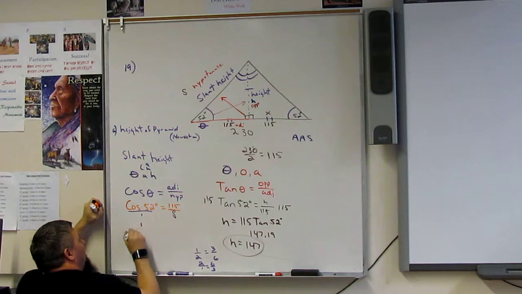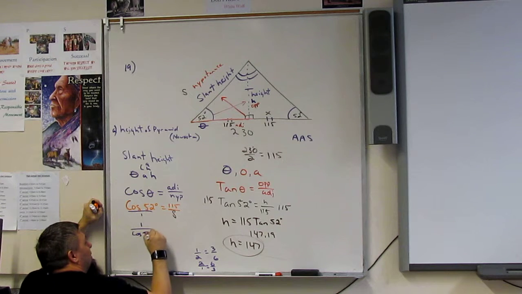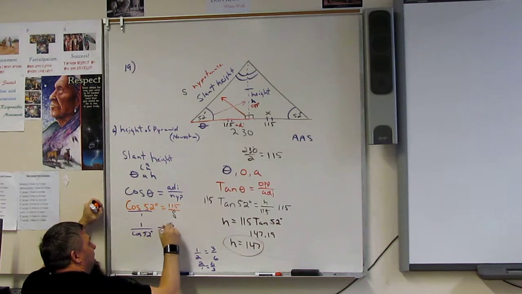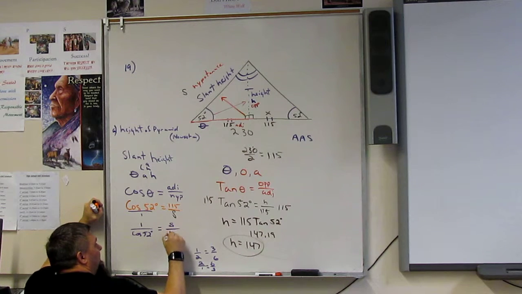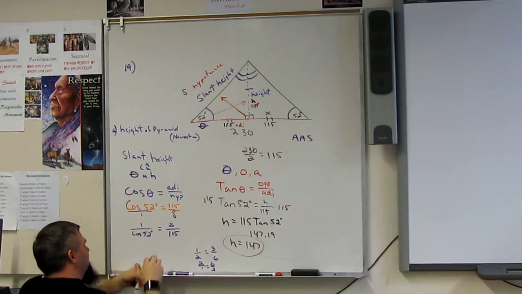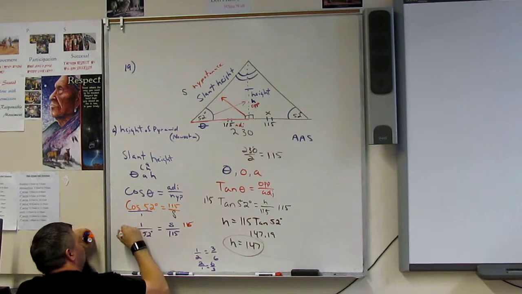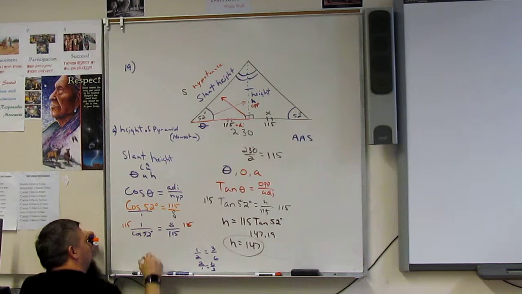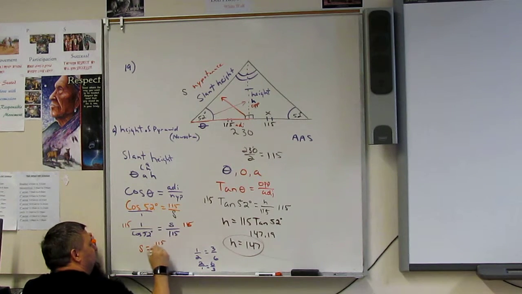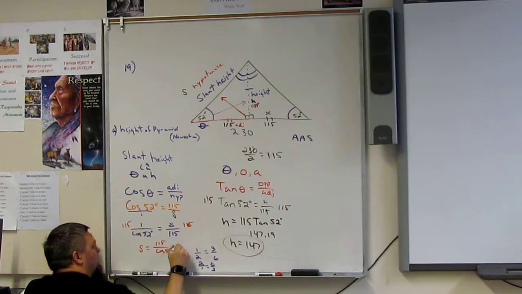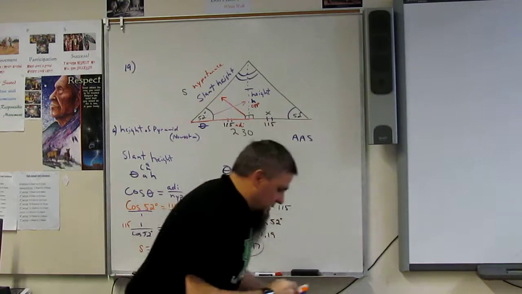So I get 1 over cosine 52 degrees is equal to S over 115. Now it's just a matter of multiplying both sides by 115. So S is equal to 115 divided by cosine 52. And then I plug that into my calculator.